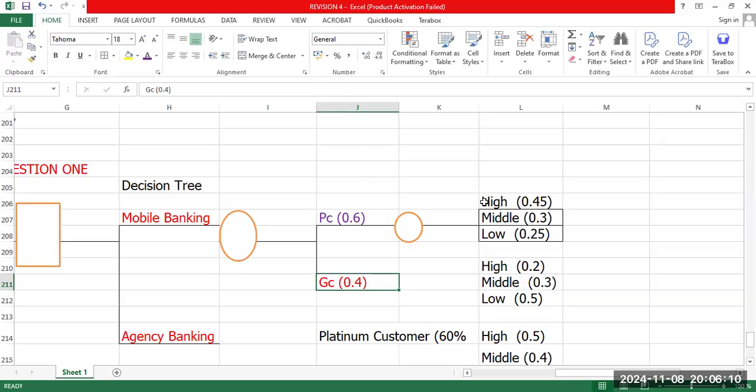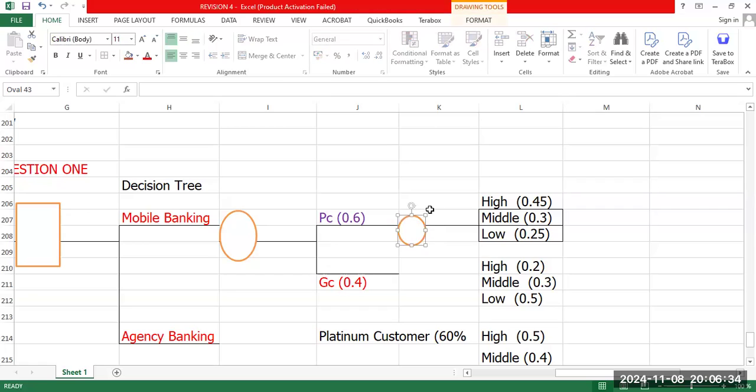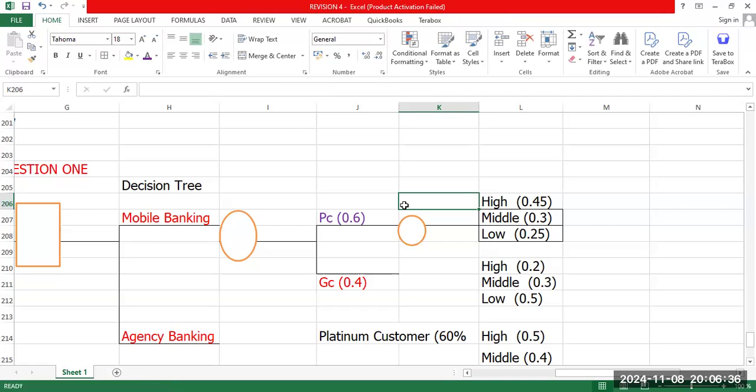So you see that high starts from a circle, middle starts from a circle, then also low starts from a circle. Then also do the same here. Put here just a circle.